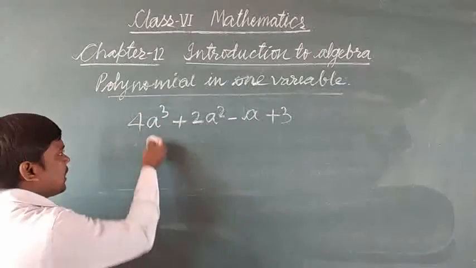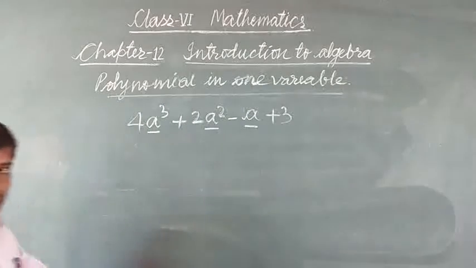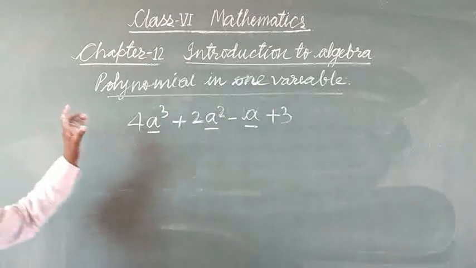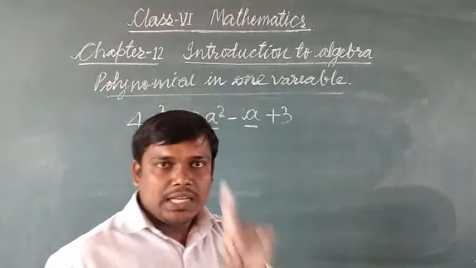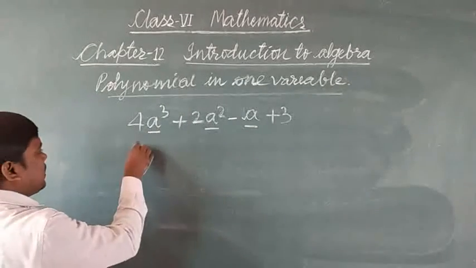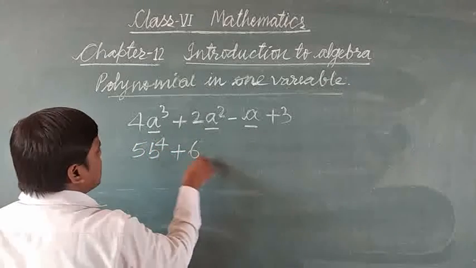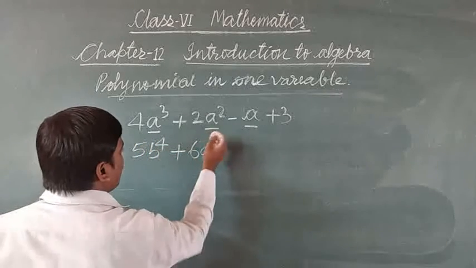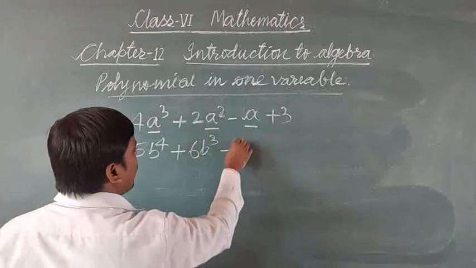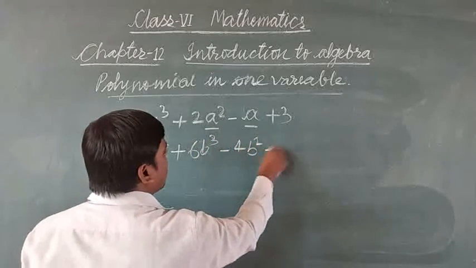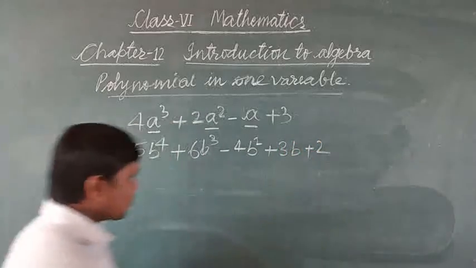What are you seeing here? The variable is a and a. So this type of algebraic expression is called a polynomial in one variable. You can also write 5b to the power 4 plus 6b cube minus 4b square plus 3b plus 2.